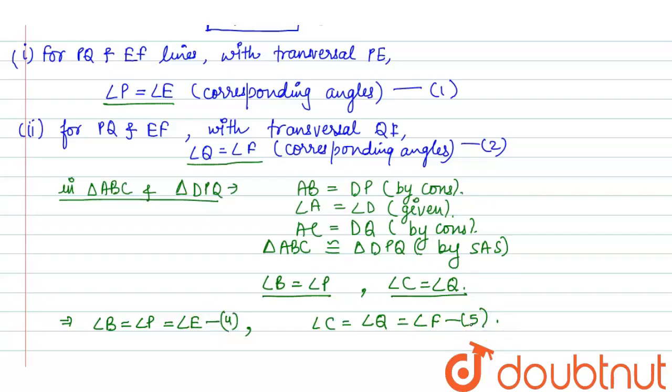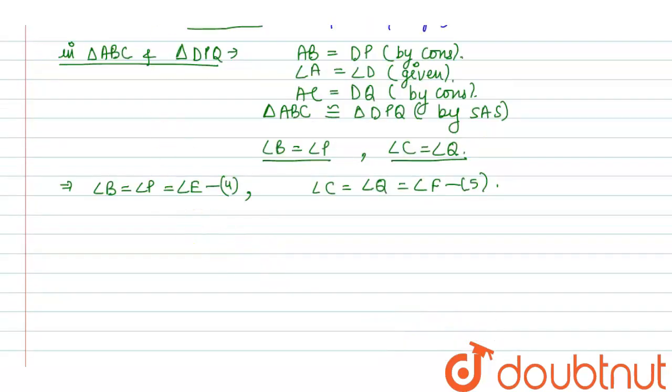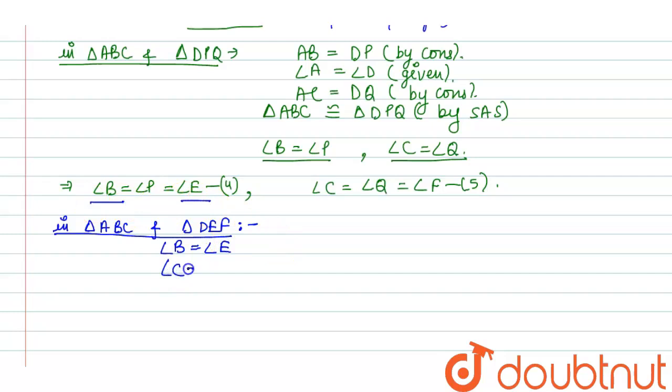Now we have to take another triangle to prove this question. So in triangle ABC and now the original triangle DEF, when I take these two triangles, I get angle B equals angle E, from the fourth, and angle C equals angle F, from the fifth.